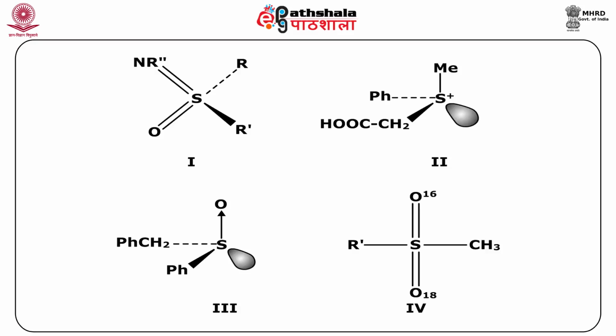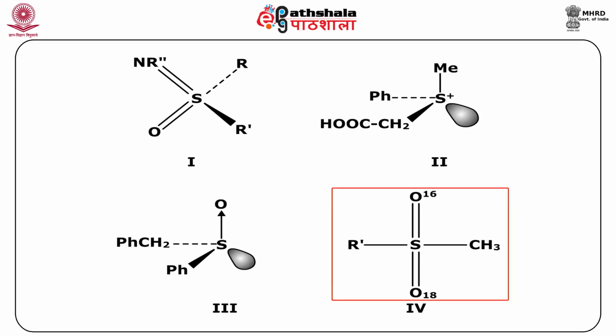Sulfoxides, as shown in structure 1, sulfonium salts, as shown in structure 2, and sulfoximines, as shown in structure 3, have sulfur as a chiral center, and depending upon the groups attached, if they are all different atoms or groups, then obviously stereochemistry will arise.